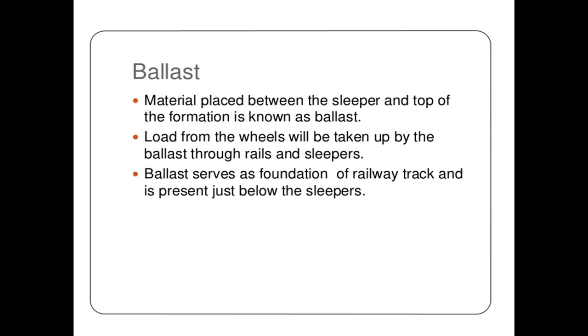So the ballast serves as the foundation of the railway track, and it is present just below the sleepers, to maintain the load that is transferred by the rails to the sleepers and by the sleepers to the ballast.